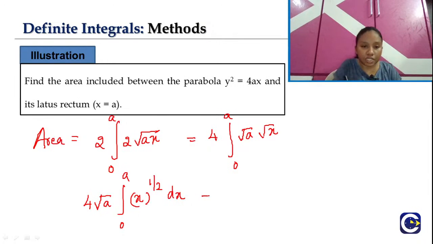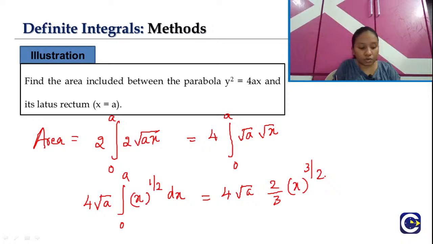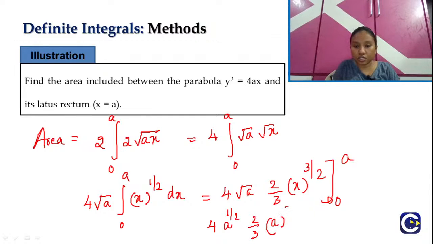So let's simplify it. We have 4 root a, and the integration of this will be 2 by 3 x power 3 by 2, with the limits 0 to a. So let's substitute a here: 4 a power 1 by 2 times 2 by 3 times a power 3 by 2.